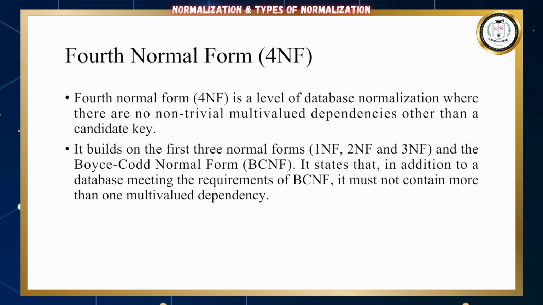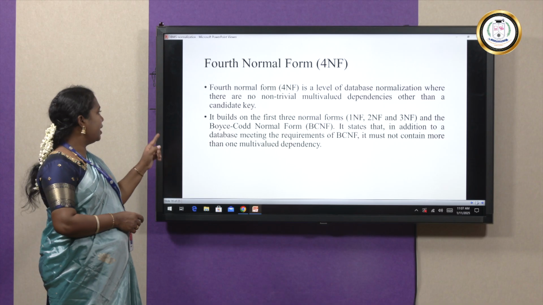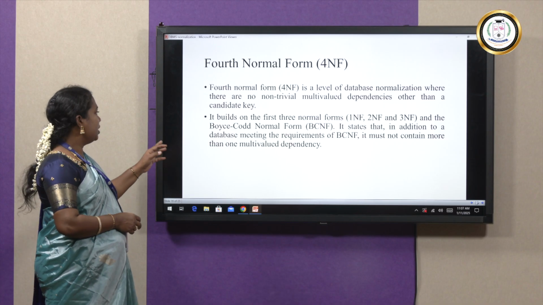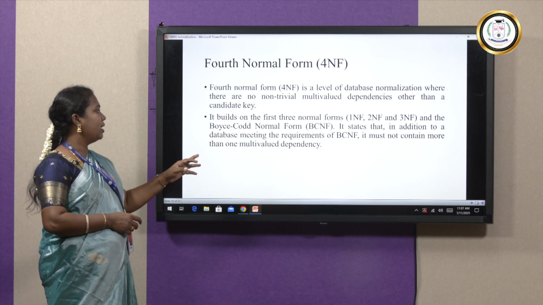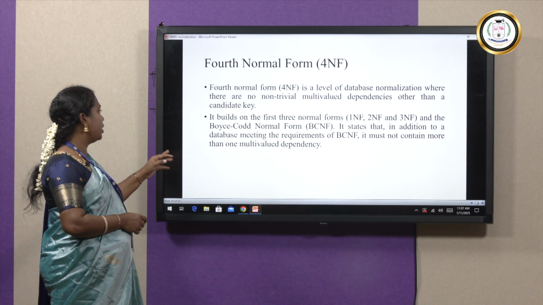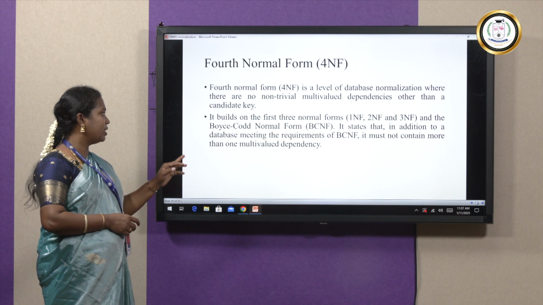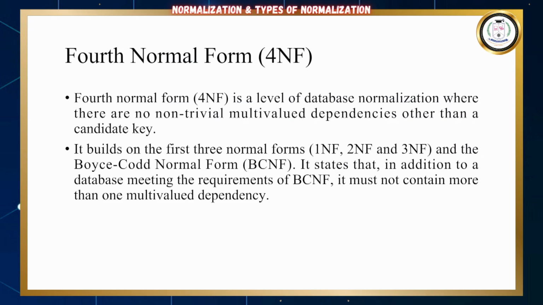Fourth normal form is the level of database normalization where there are no non-trivial multi-value dependencies other than a candidate key. It builds on the first three normal forms and Boyce-Codd normal form. It states that, in addition to the database meeting the requirements of BCNF, it must not contain more than one multi-value dependency.